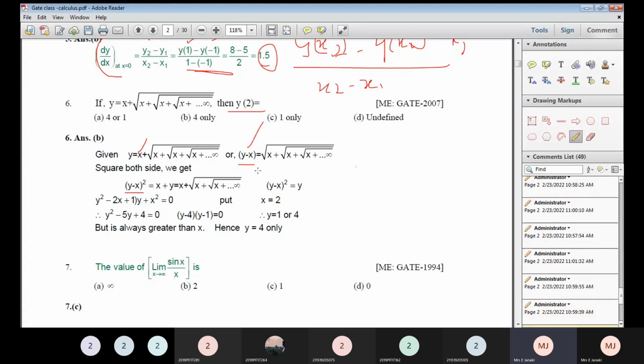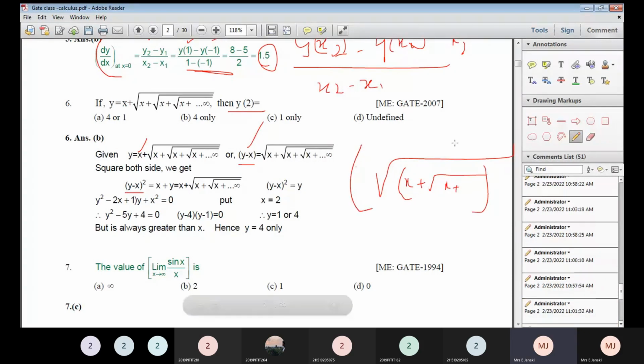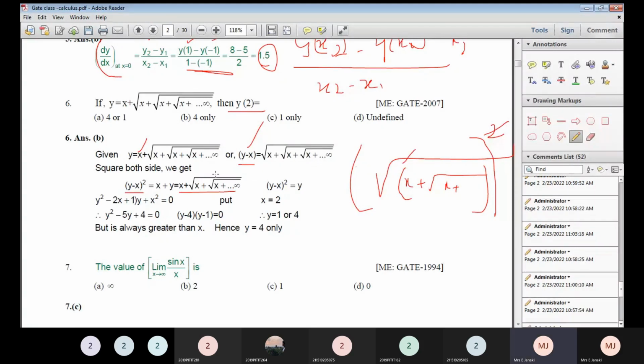And what about your right side? Overall you have one square root. When you square on both sides, the square and this root get cancelled. So we get only x plus square root of x plus square root of x, and so on up to infinity.